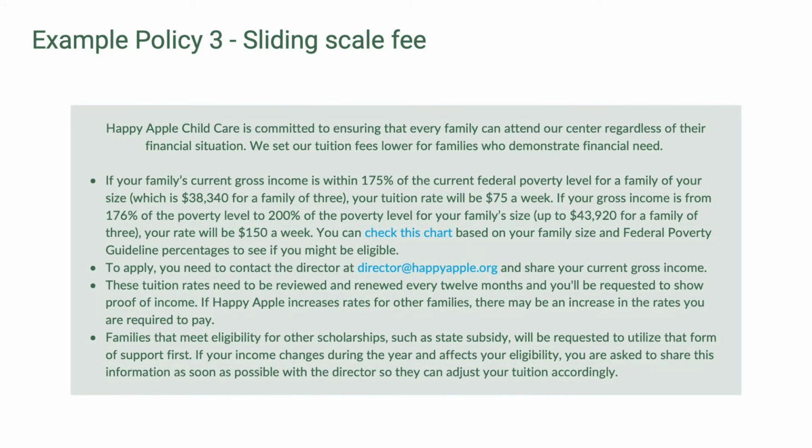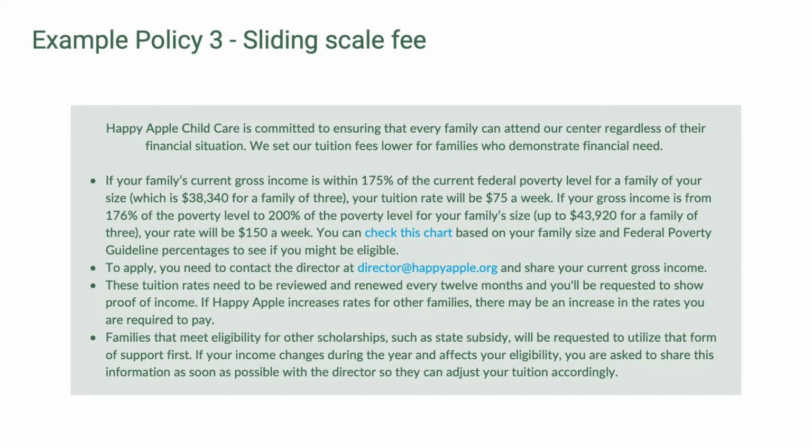Example policy 3 would be a sliding scale fee. Happy Apple Childcare is committed to ensuring that every family can attend our center regardless of their financial situation. We set our tuition fees lower for families who demonstrate financial need, followed by the below bullets and criteria.